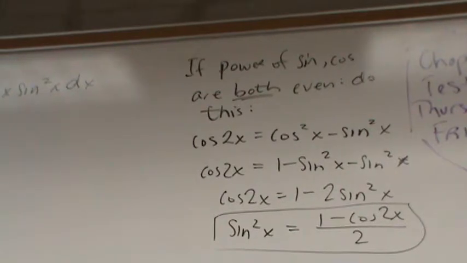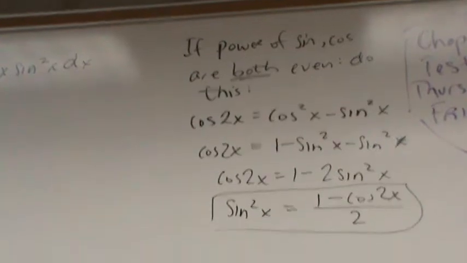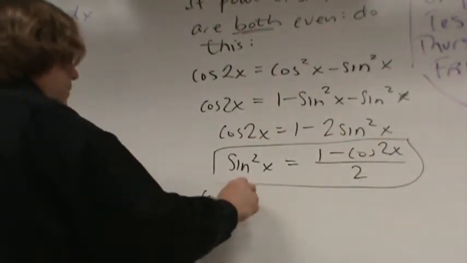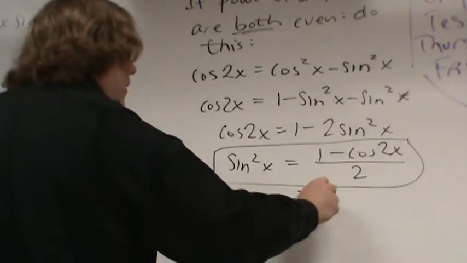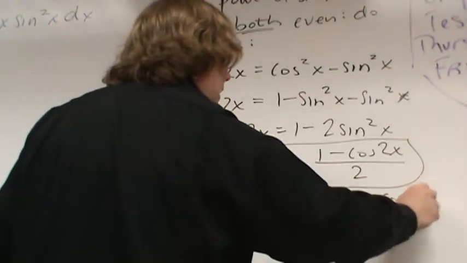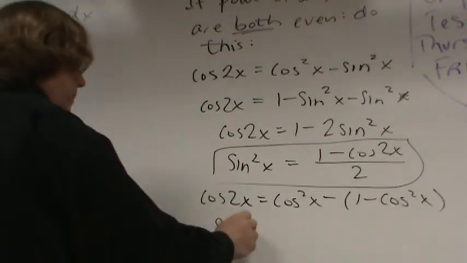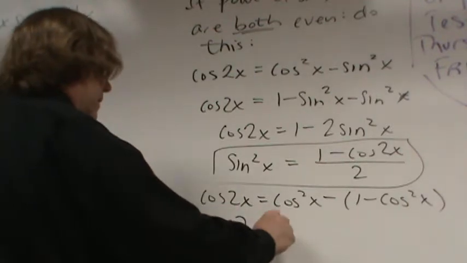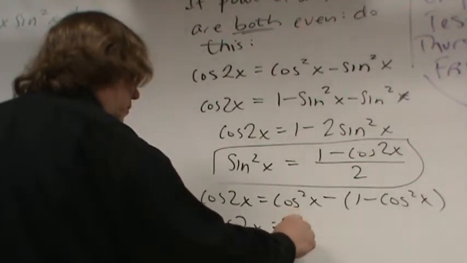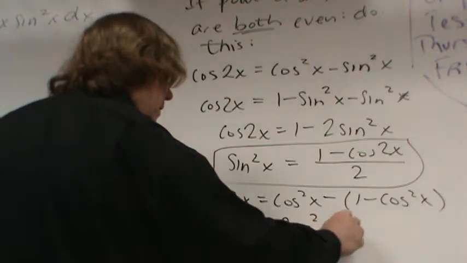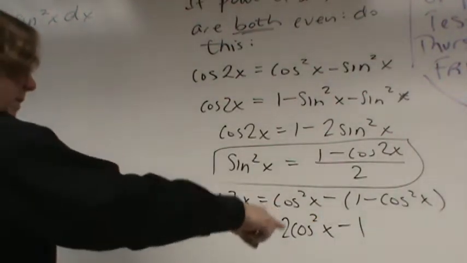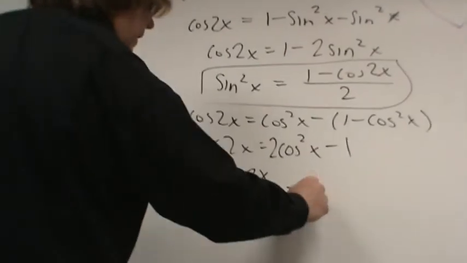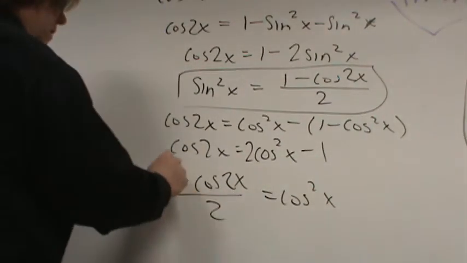Wherever you have even sines, for every sine squared, you're going to substitute 1 minus cosine 2x over 2. Similarly, I could have said cosine 2x equals cosine squared x minus (1 minus cosine squared x), which means cosine 2x equals 2 cosine squared x minus 1, or add 1 to it, so I get 1 plus cosine 2x over 2 equals cosine squared x.